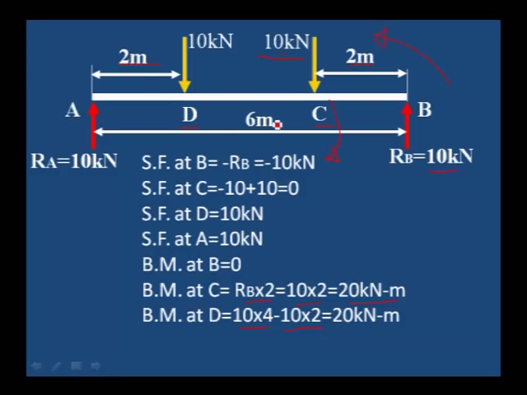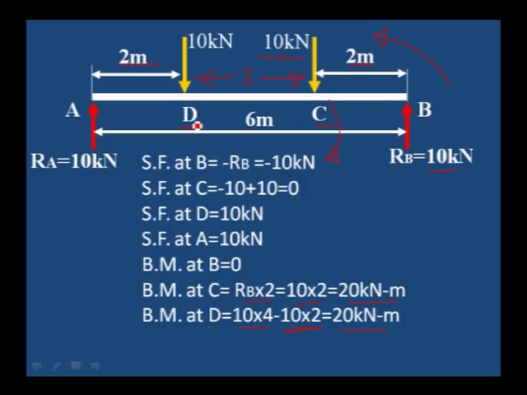If we subtract from 6 meter, we get the distance between D and C as 2 meter. Therefore, 10 into 2. The first is 10 into 4, RB into the distance from D, then the other load is 10 into 2. That will be 20 kilonewton meter, the bending moment at D.